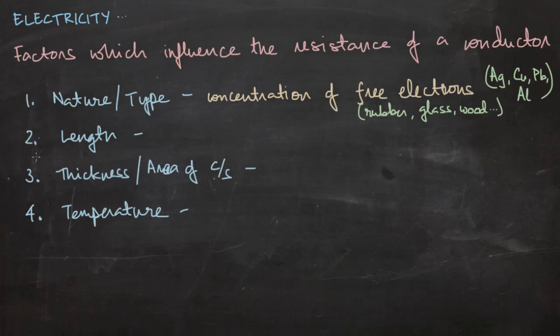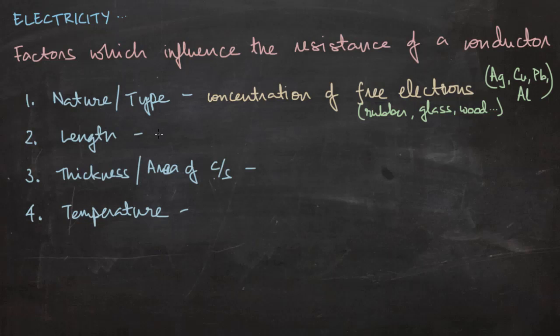Now, coming to the second factor, length. If you think about length, the longer the conductor, the more number of collisions a free electron would have. We already saw in the previous video that a conductor has positive ions occupying certain fixed positions in the bulk of that material.